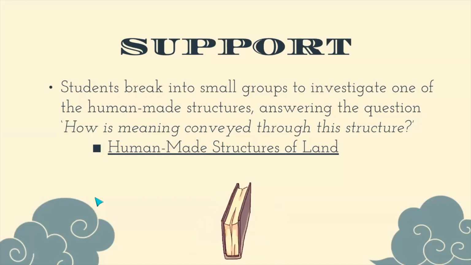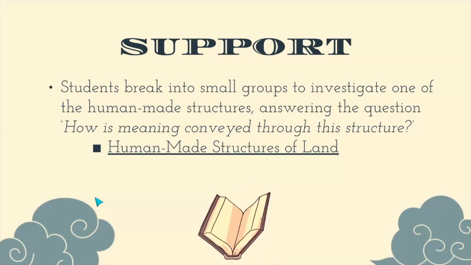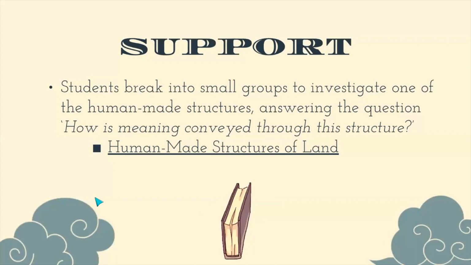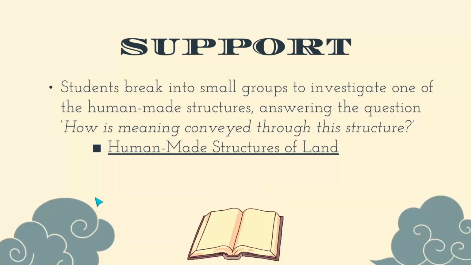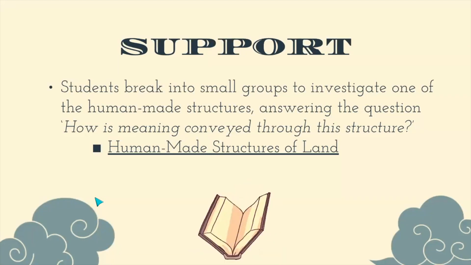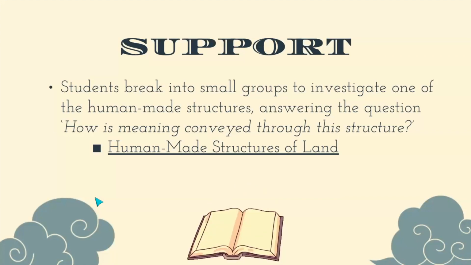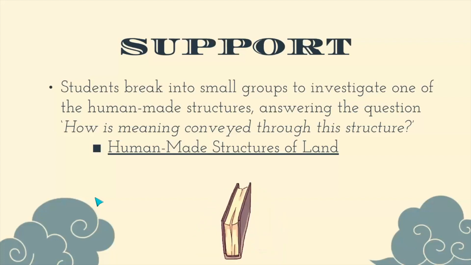You can connect it to one of the researching pieces that is part of the writing organizing idea, if you wish. But essentially, you ask them to look at some information about specific human-made structures, and you ask them to answer the question, how is meaning conveyed through this structure? So you might be getting into conversations around symbolism or historical significance.